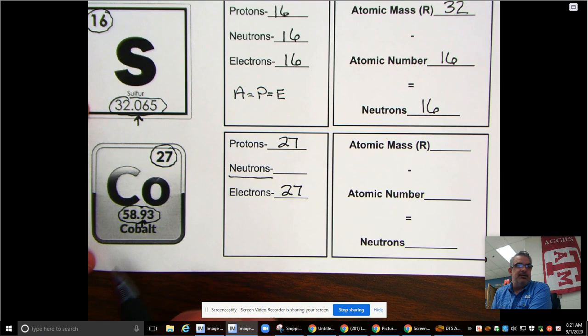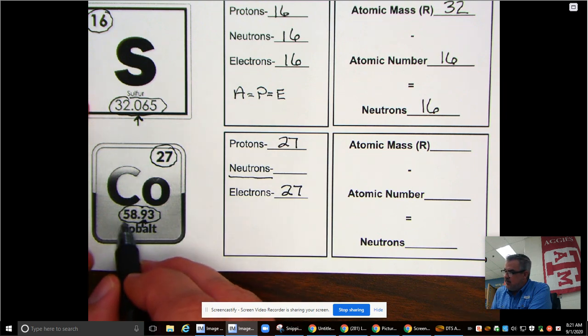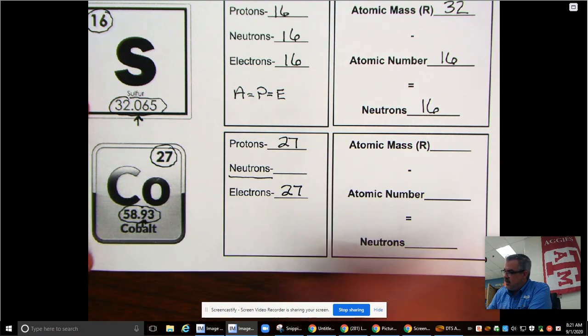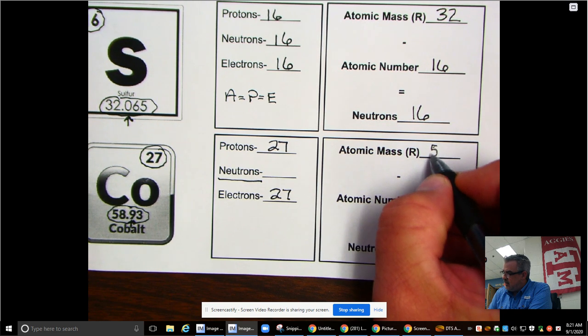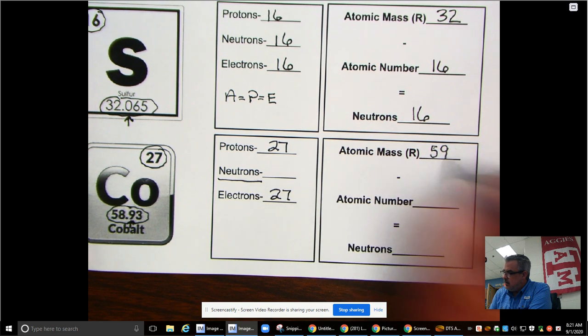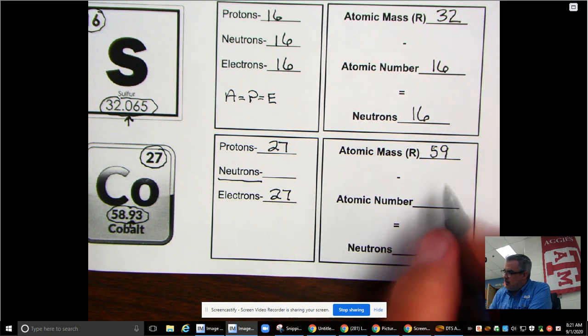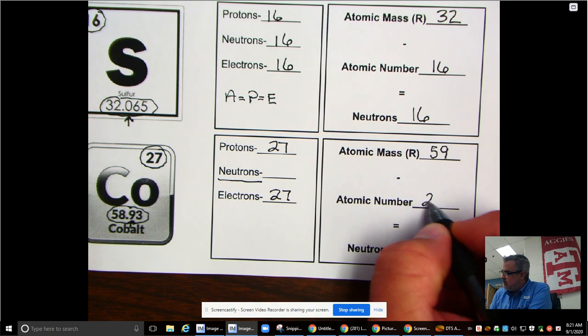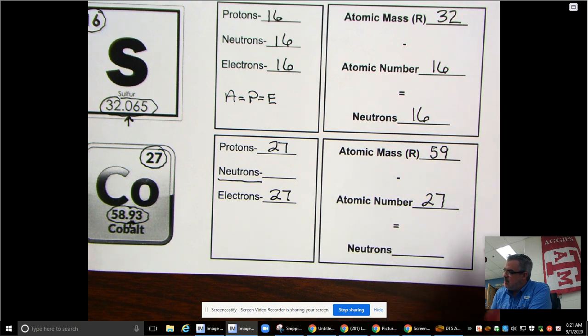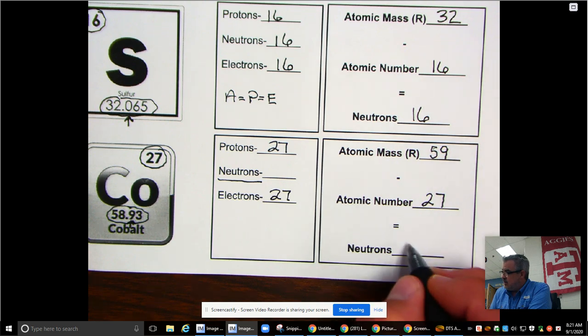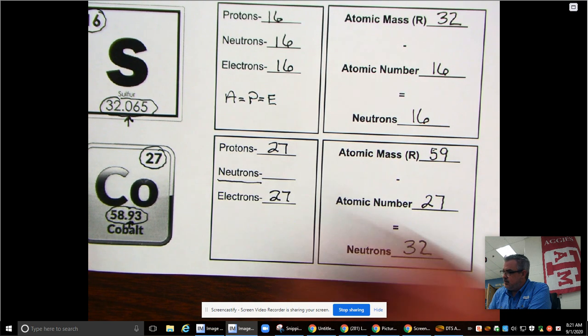So in this situation, what we would do is we would round 58.93. The atomic mass rounded of cobalt is actually 59. Okay? The atomic number of cobalt is 27. Okay, so this should come out to, do some quick math, 32 neutrons.